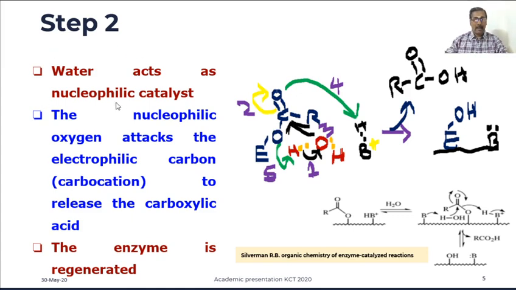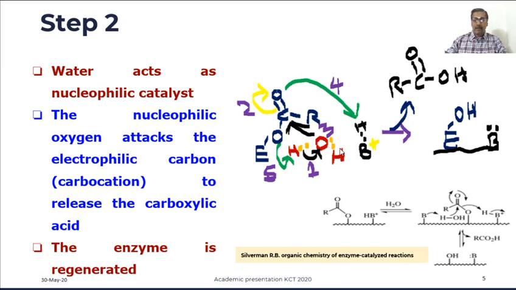For this, I again need a potent nucleophile, but here the nucleophile is not coming from the enzyme's active site, because the enzyme's active site nucleophile is already bonded with the substrate. So there is no suitable nucleophile in the enzyme's catalytic site. The system has to search for a potent nucleophile. That potent nucleophile is nothing but water.